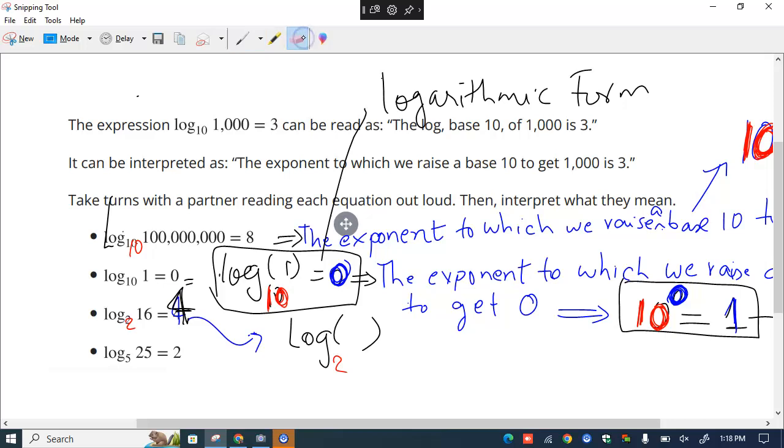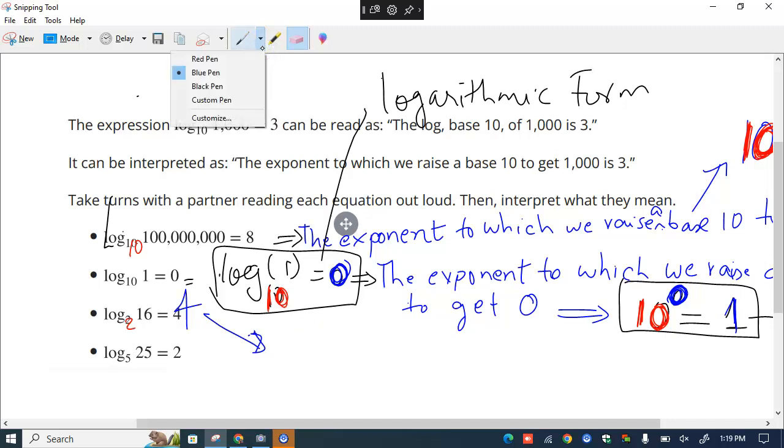I'm using the blue for the exponent, so this is the 4. When I want to write this in the exponential form, we write the 2 first: 2 raised to the blue 4 equals 16. There you go.